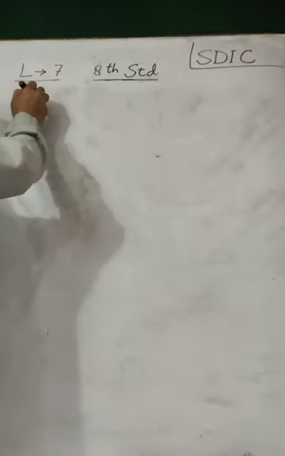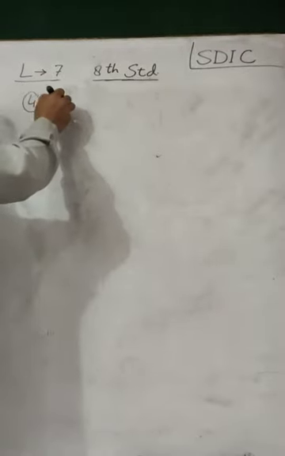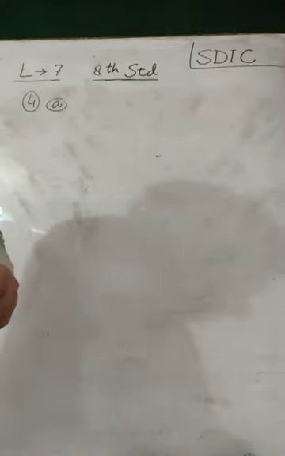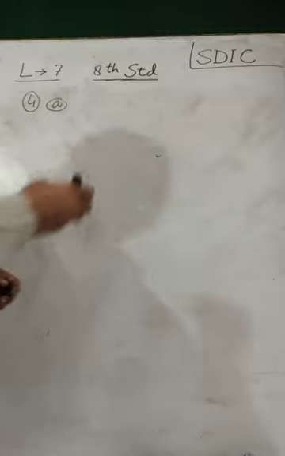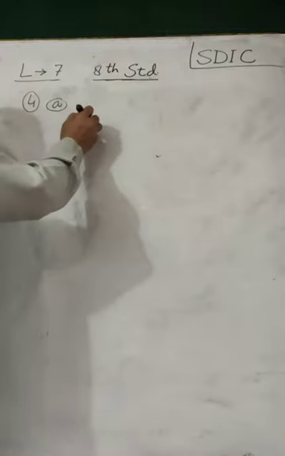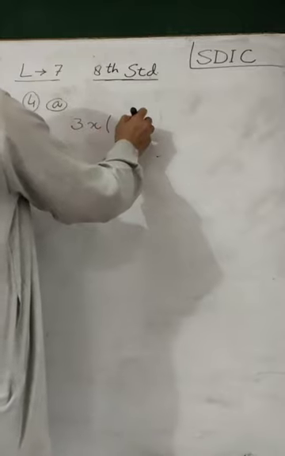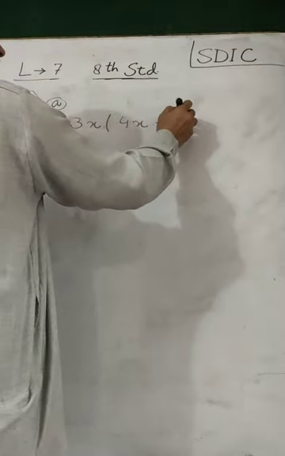Question 4. This question also has 2 parts there. We shall begin with part number A. We are asked to simplify. Simplify 3x, it is a monomial, multiplied by a binomial. And the binomial is 4x minus 5.